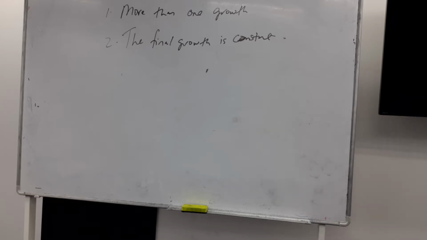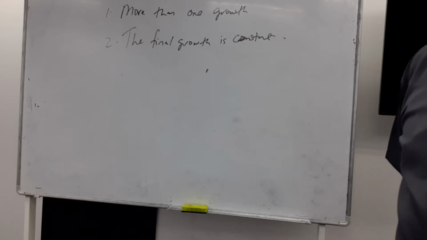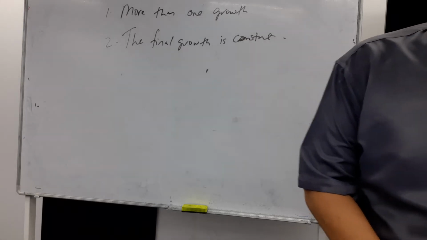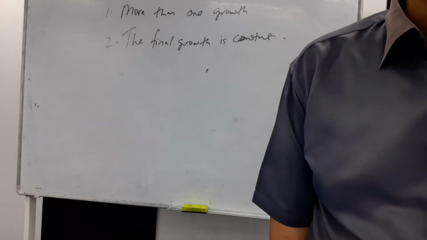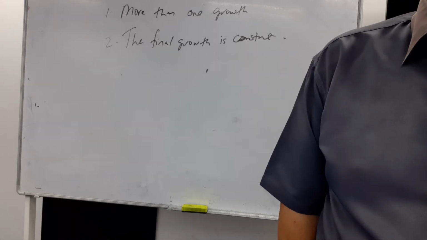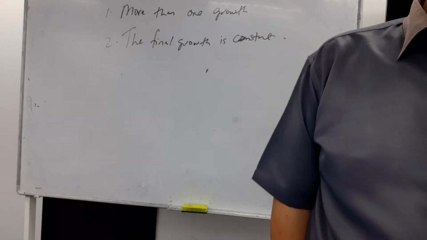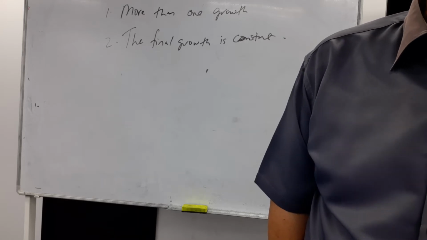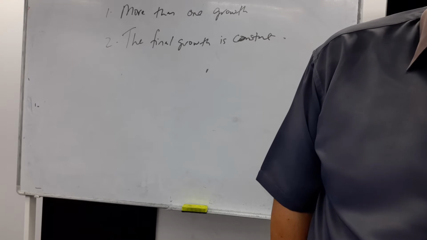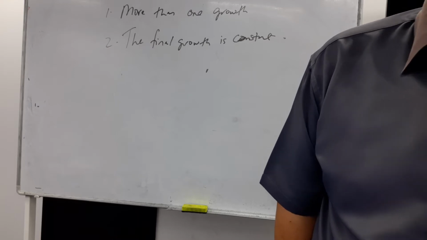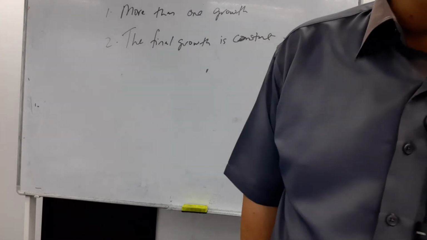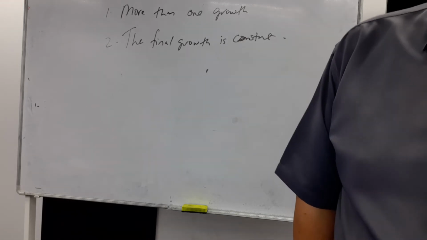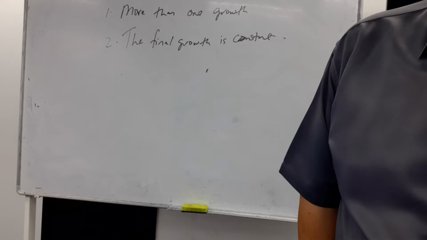To give you a better understanding, let's take a look at the example on page 261, Exhibit 8.4. Here we examine Cisco Systems, the name of the company, in 2000.